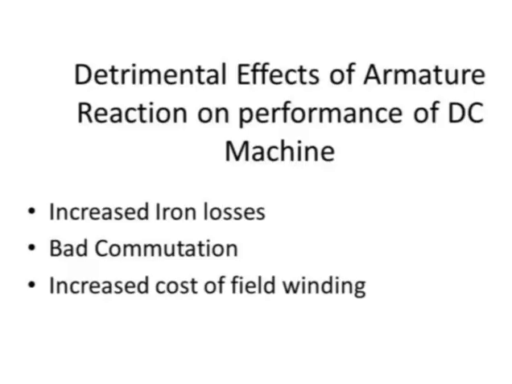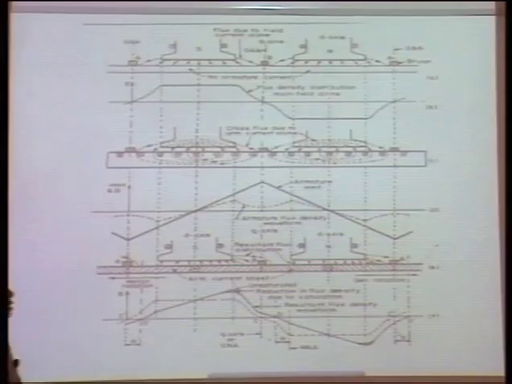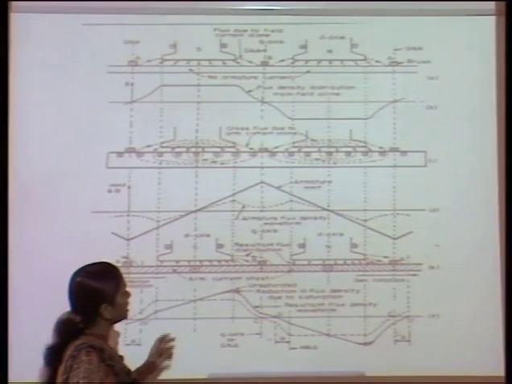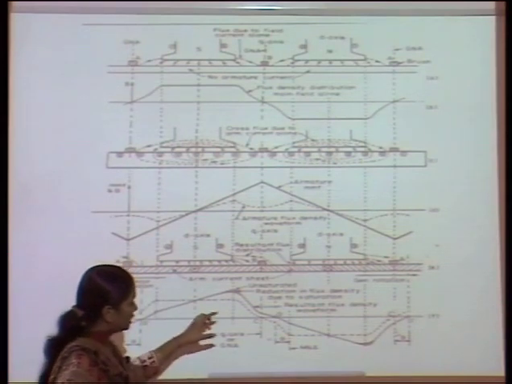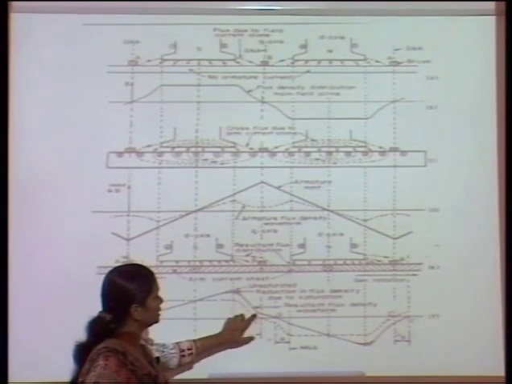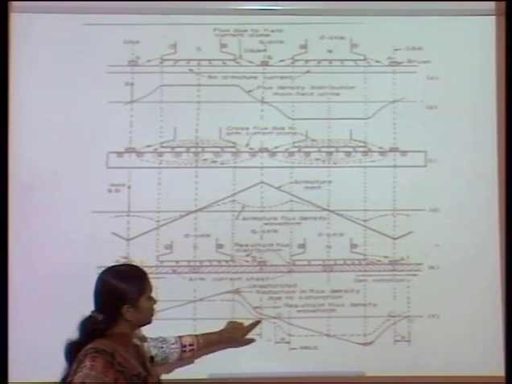So, if I summarize the effect of armature reaction, it can be summarized into two parts. One is called the demagnetizing effect and another is called the cross magnetizing effect. Demagnetization I have explained. Now, what do I mean by cross magnetization? Cross magnetization indicates the flux density along the geometrical neutral axis.